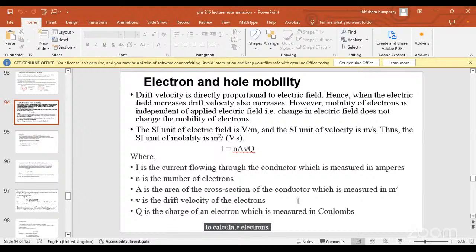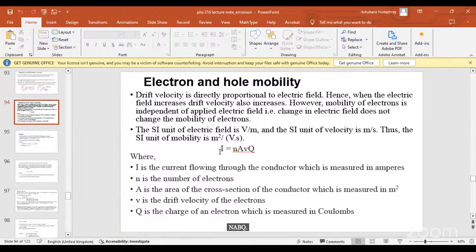to calculate the current in a material. I = NAVQ.